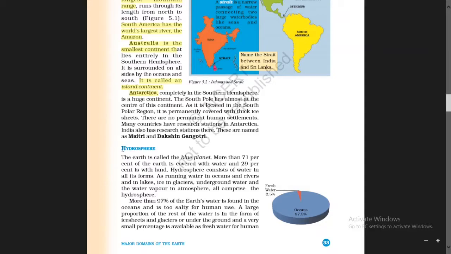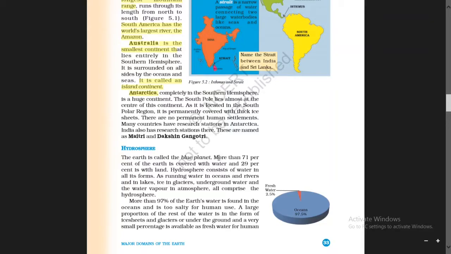Now, let us see hydrosphere. Hydrosphere means here the water areas. You see, the Earth is called the blue planet. Do you know, boys, why it is called blue planet?